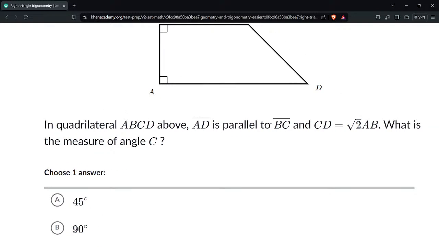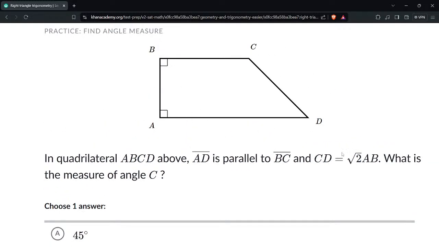If AD is perpendicular to BC, and CD is equal to root 2 AB, what is the measure of angle C? How am I supposed to know? Because I guess we draw something nice. That's 90 there. So we have CD is equal to that. Where's the measure of angle C?